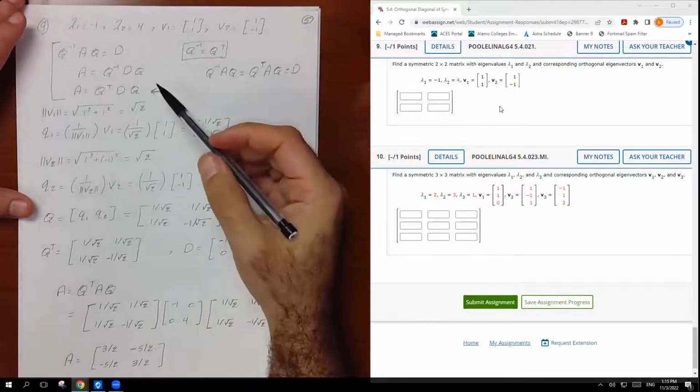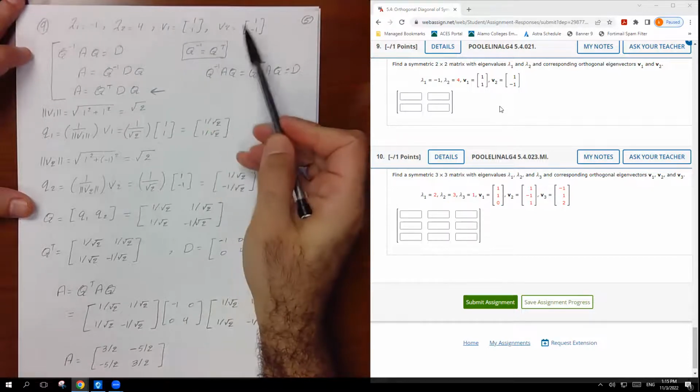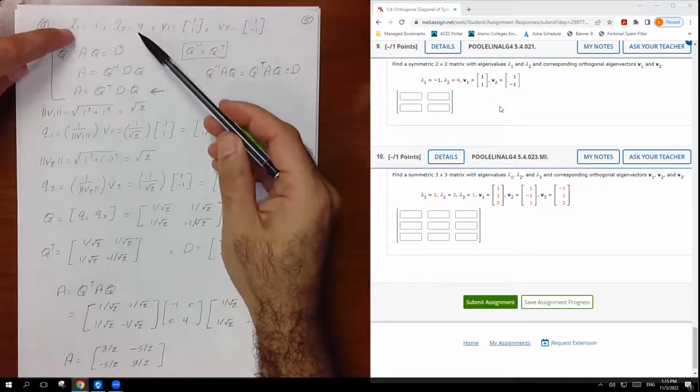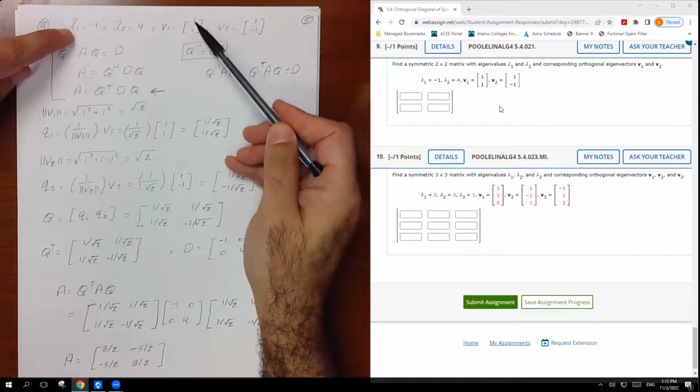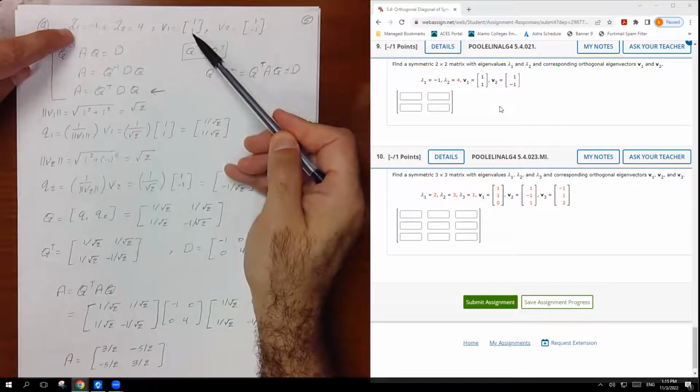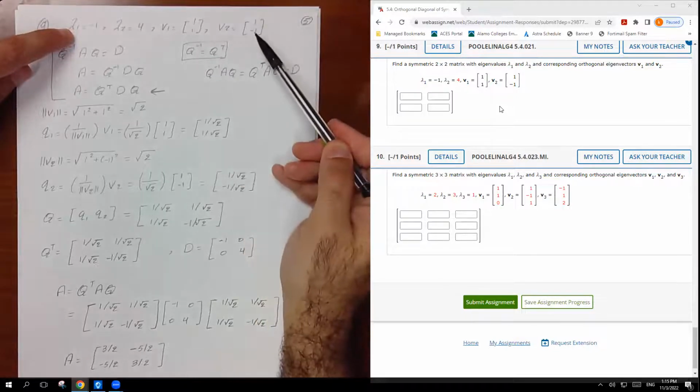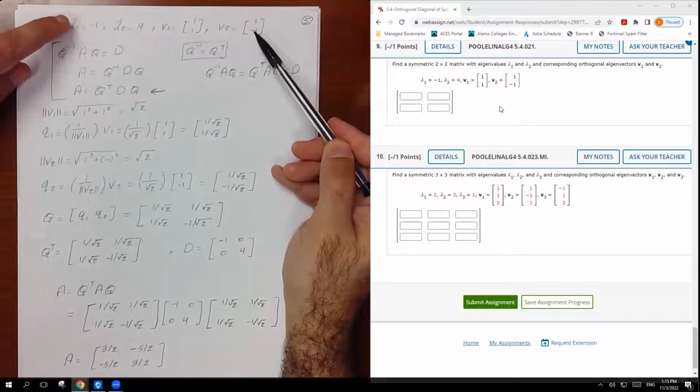So what I have here, I have v1 and v2, and I have λ1, λ2. By using the first vector, we find the Q1, and from v2, we're going to find the Q2.